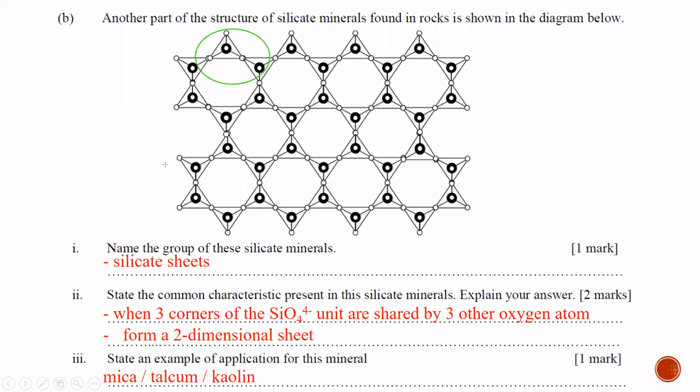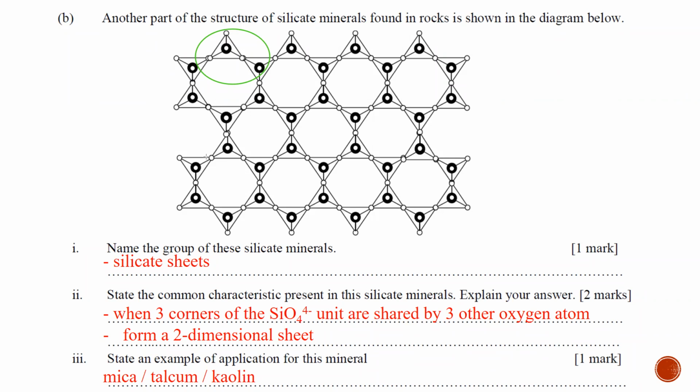What is the common characteristic present in this silicate mineral? Explain your answer. So in here, three corners of the SiO4 are shared by three oxygen atoms to form a two-dimensional infinite sheet. In other words, each silicate shares three oxygen atoms to form a single layer structure. Number three, state an example application of this mineral.